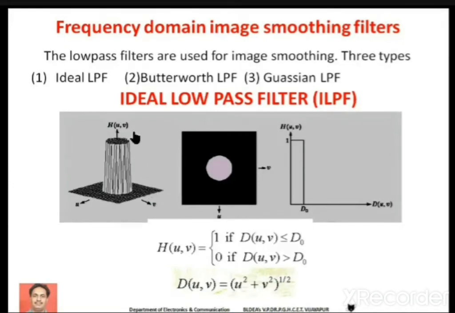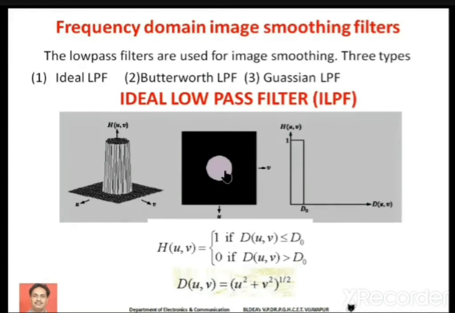So actually this is the transfer function of the filter. This diagram indicates that wherever you have the shaded portion, those frequency components are not allowed, and wherever you have the light or gray color, the frequency components are allowed by the filter.